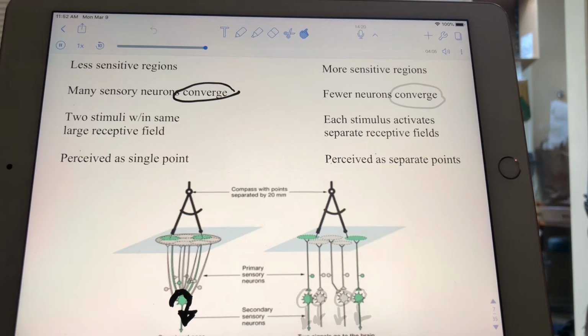If we're in a less sensitive region, then those 2 points, for instance, the 2 points of a compass, will be perceived as a single point, even though we're applying 2 stimuli. The brain is only, for lack of a better word, aware of one.